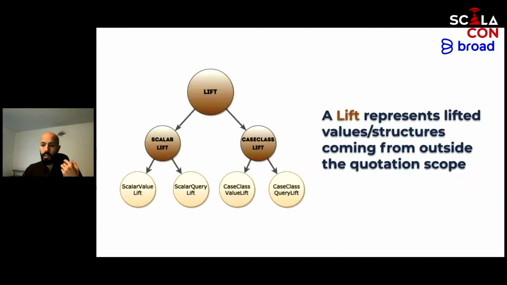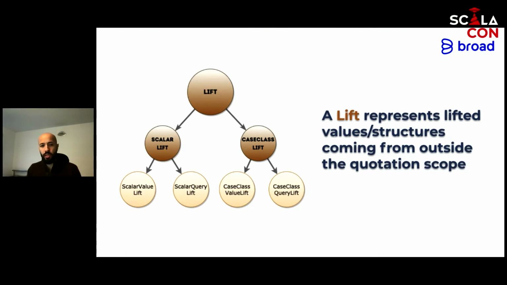The next one is a lift. It represents lifted values and structures from outside the quotation scope, meaning a value that's being provided via a method. For instance, in compile time, we still don't have a way to use that value, so we have to lift it.